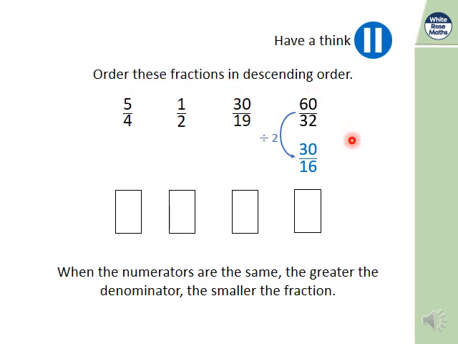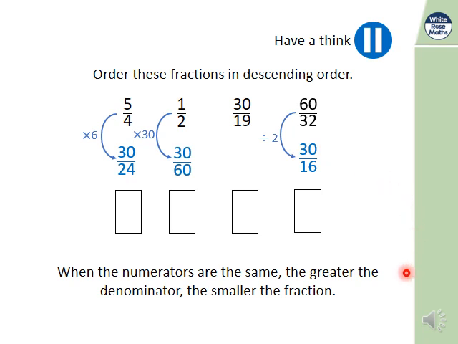But we're going to look at trying to change 60/32s into 30/16ths. So we're going to change all of our numerators to 30. So 1/2 times 30 is 30/60ths. 5/4 we would have to multiply by 6 because 5 times 6 is 30. And that would have changed to 30/24ths. And 30/19ths would have stayed as it is.